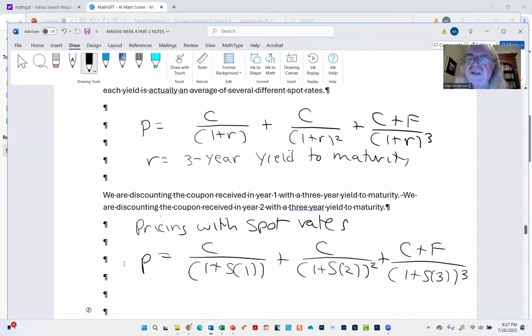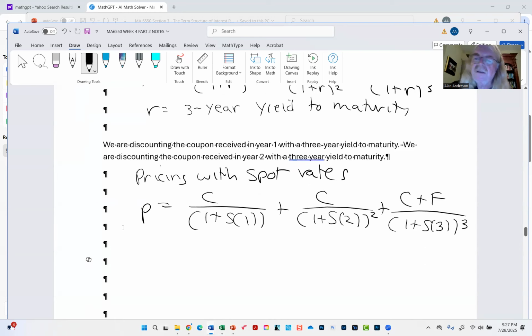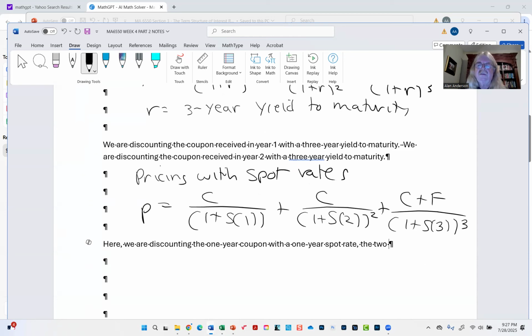All right, so you see what's happening here is that we're discounting the 1 year coupon with a 1 year spot rate, the 2 year coupon with a 2 year spot rate, obviously, and the sum of the 3 year coupon at face value with a 3 year spot.